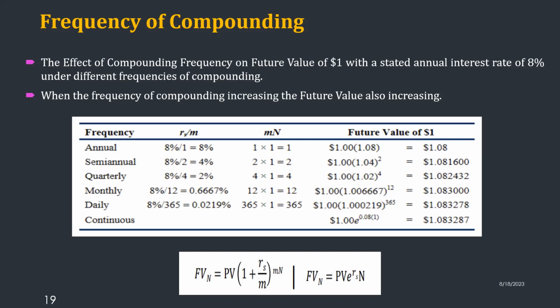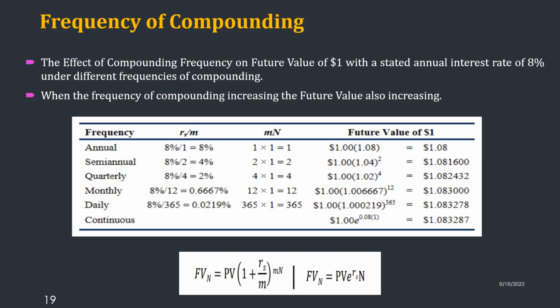When we discussed future value earlier, we learned that when the interest rate increases, the future value increases, and when the number of years increases, the future value increases. Here we are learning that when the frequency of compounding increases, the future value also increases. At the bottom, you can see two formulas. The first formula, on the left-hand side, is used when you have a frequency of compounding.